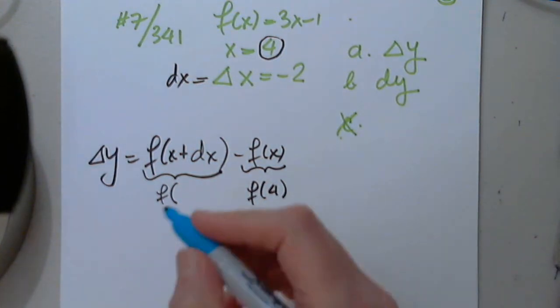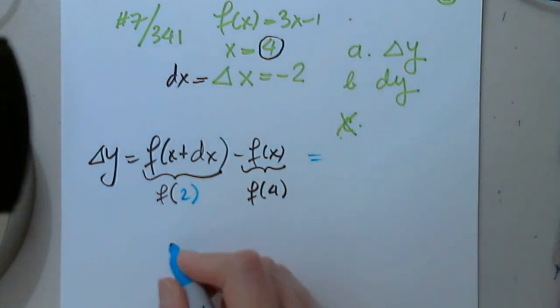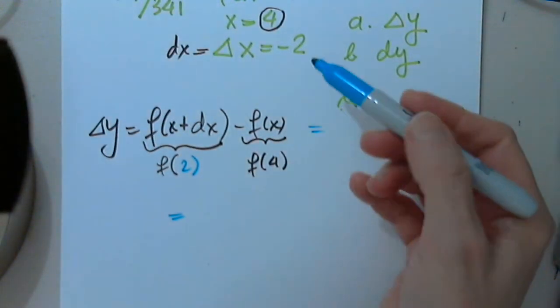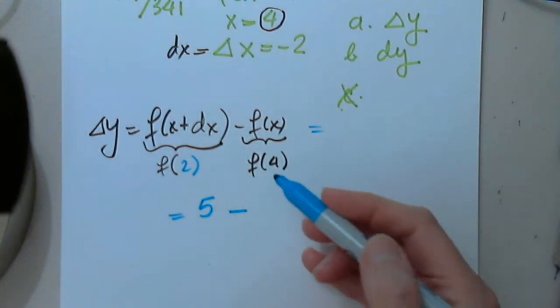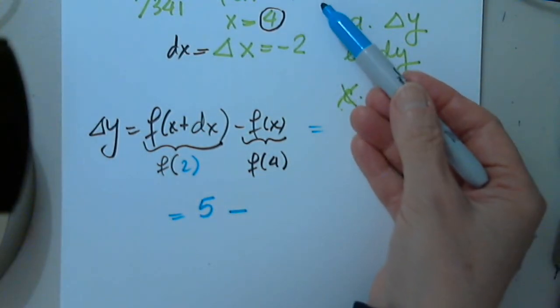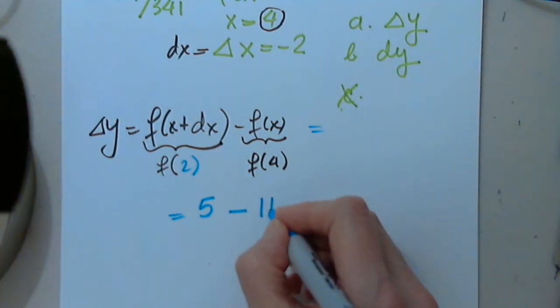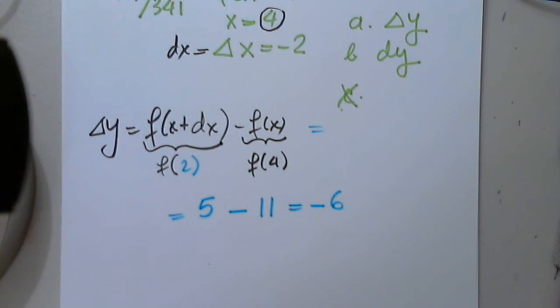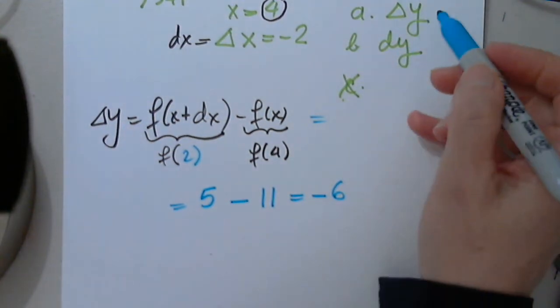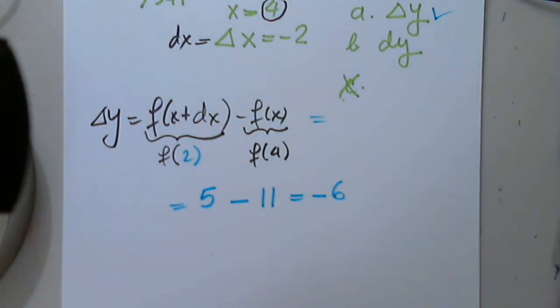Good, awesome. That's all I need. So then f of 2 will be 6 minus 1, which is 5, minus f of 4, which is 12 minus 1, which is 11. And then 5 minus 11 is negative 6. So that was delta y.